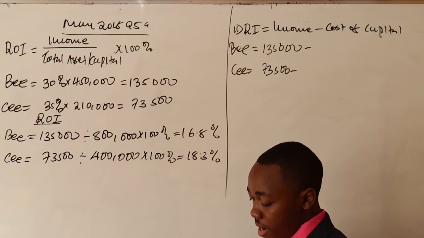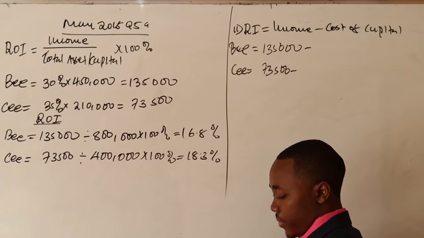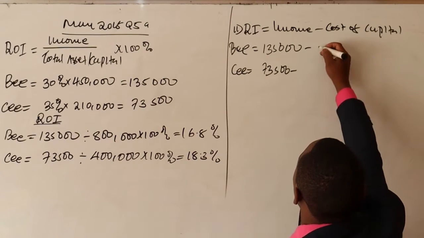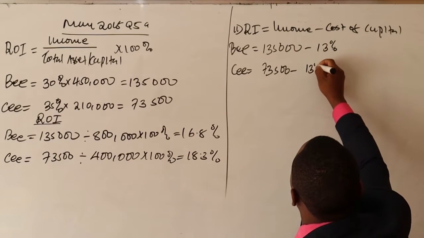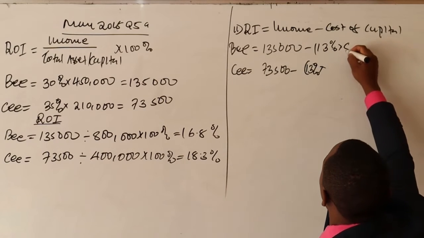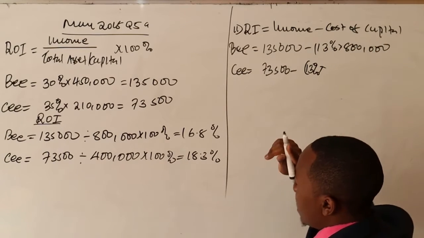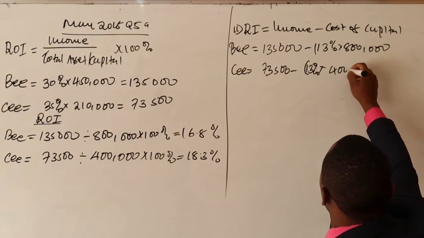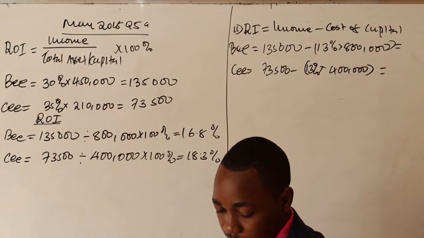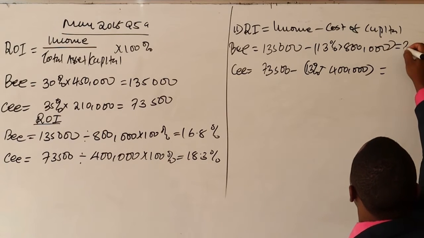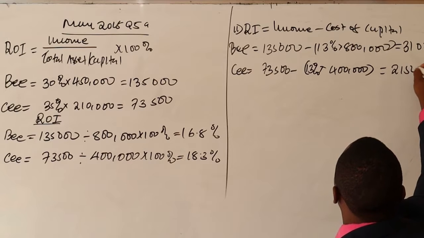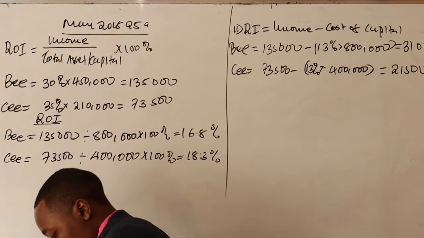That's additional information number 1: the cost of capital for both divisions is 13%. So you take 13% of the capital. Project B's capital was 800,000, and project C's was 400,000. So what do you get? Here you have 31,000, and the other one is 21,500. As simple as that.